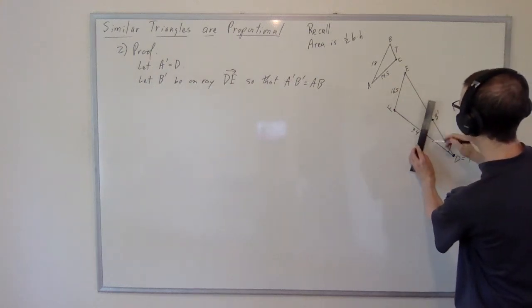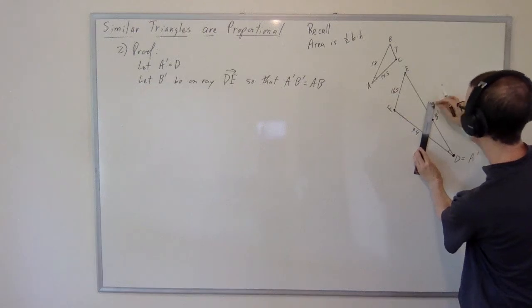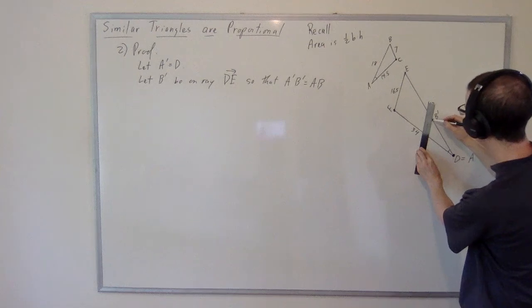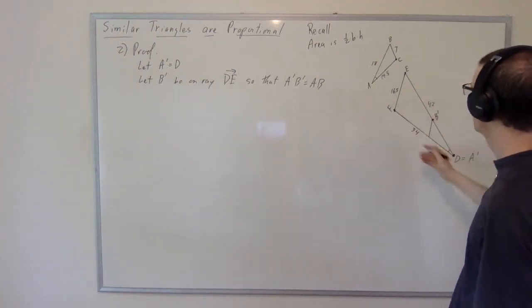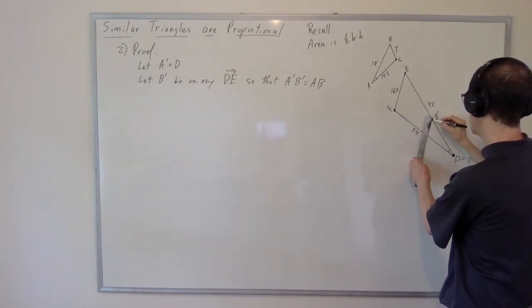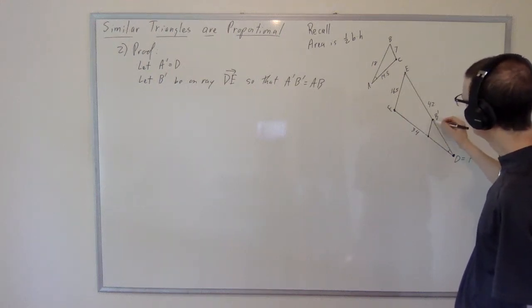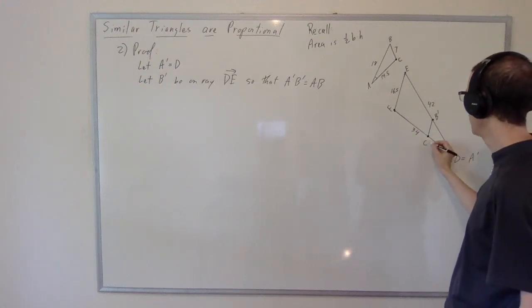So instead of choosing C prime to be the same length from A prime, I'm going to construct a parallel line here. I'm just eyeballing it, but I'm going to construct a line through B prime parallel to DE. I think I did that a little bit badly, so let's correct it a bit. I'm going to construct a line through B prime parallel to EF. And then wherever that happens to meet DF, that will be my point C prime.